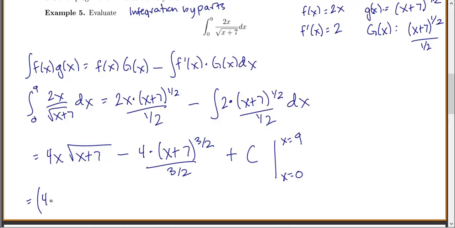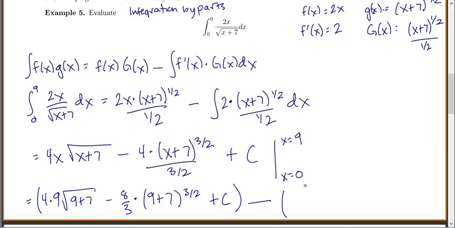Okay, so this is going to be 4 times 9, square root of 9 plus 7, minus, and let's see, 4 divided by 3/2, let's just simplify that. 4 divided by 3/2 is 8/3, times 9 plus 7 to the 3/2, plus c, minus, now we do zeros, 4 times 0 times the square root of 0 plus 7, well that's going to be simple, minus 8/3 times 0 plus 7 to the 3/2 plus c.